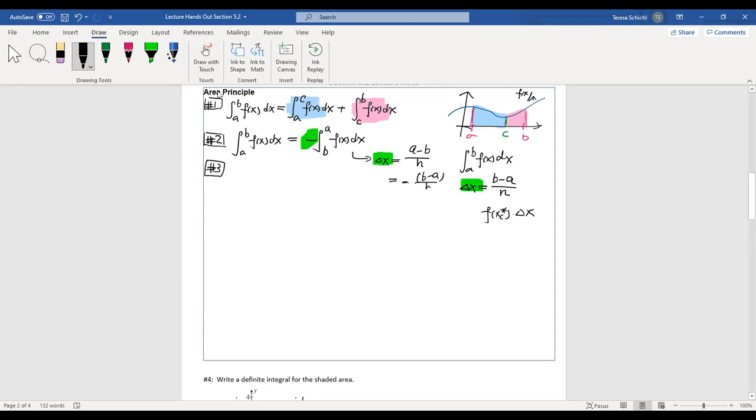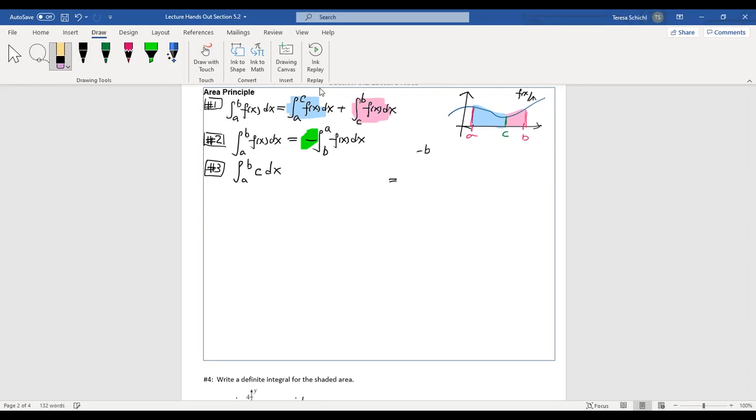Okay, now number 3. If I want the integral from a to b of c dx, what is this? Here c is a constant, it has nothing to do with x. Remember the dx tells you the variable. So your function is a constant c, here is your a and here is your b.